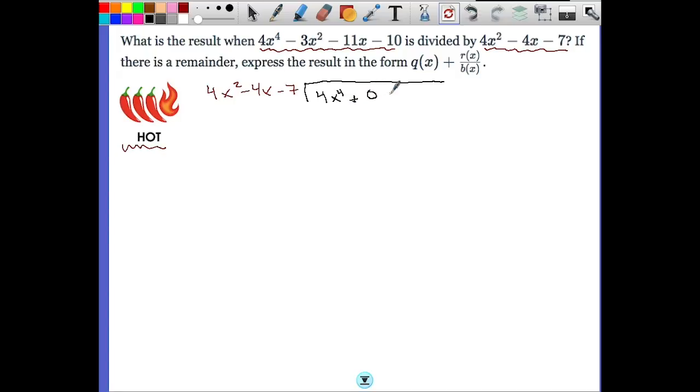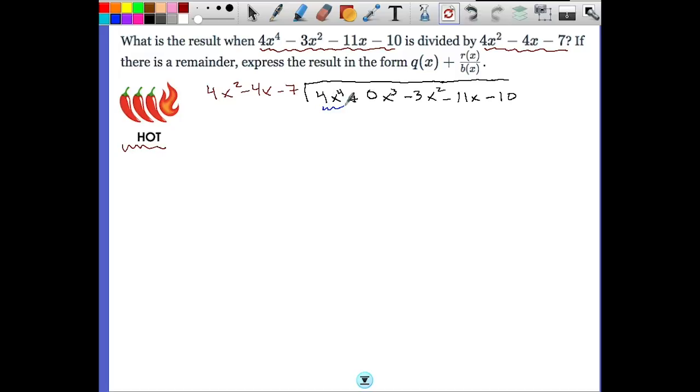We'll call this 0x to the third, okay? And then minus 3x squared and minus 11x, and then my constant. So I just want to make sure that all my degrees are represented here. And if I don't have any represented, I'm going to use those placeholders.